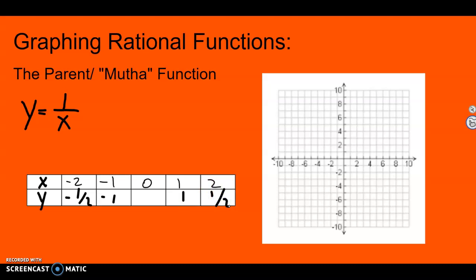Now, a clear pattern isn't really showing up here. We have -2 comma -1/2, -1 comma -1, 1 comma 1, 2 comma 1/2. We really don't have a pattern showing up here. So let's think a little bit. Before we get to the 0, let's just think a little bit. If you plug in a bigger number like 10, if you plug 10 in for x, you're going to get 1 over 10.